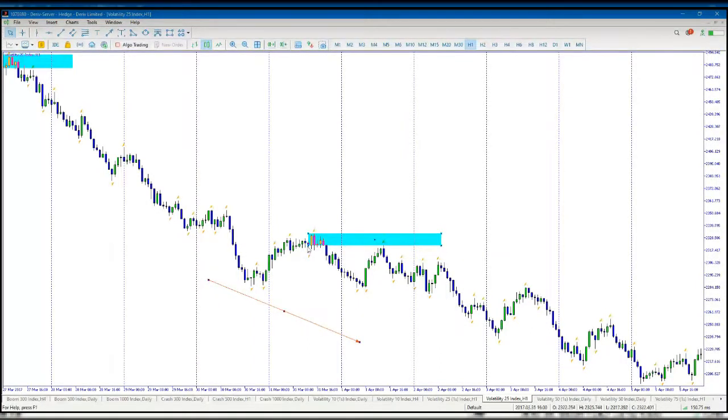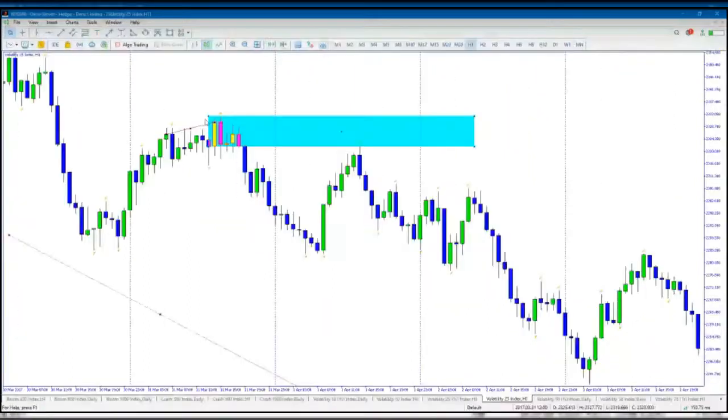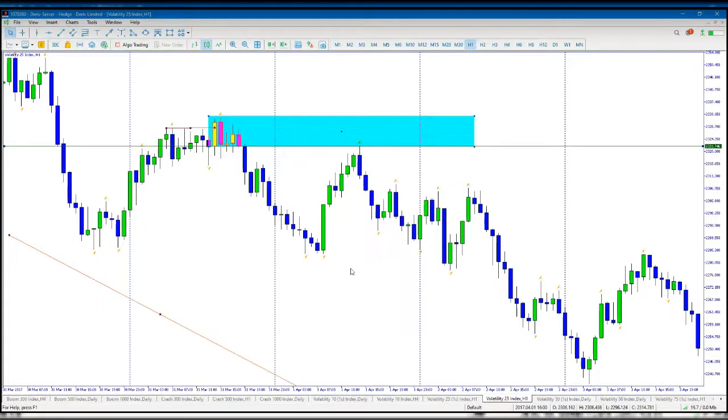This guy just kissed the open of that institutional candle. This candle that did a clean sweep of all these retail candles. So price came to kiss the open.